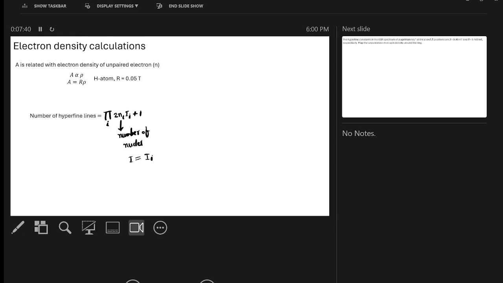This is related to the electron density of the unpaired electron. So you can say that this hyperfine constant A is directly proportional to the electron density of the unpaired electron.